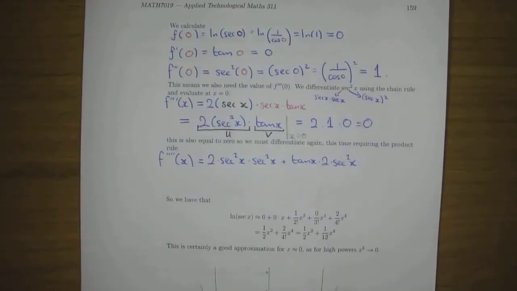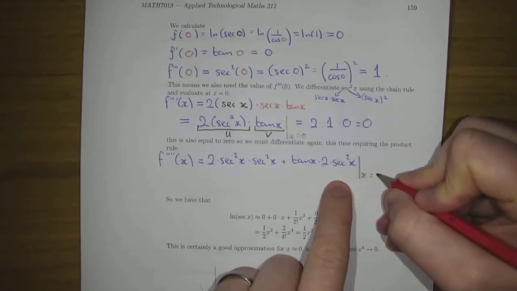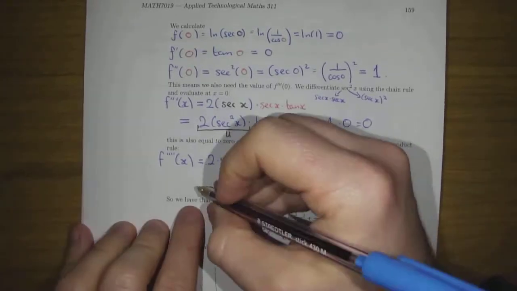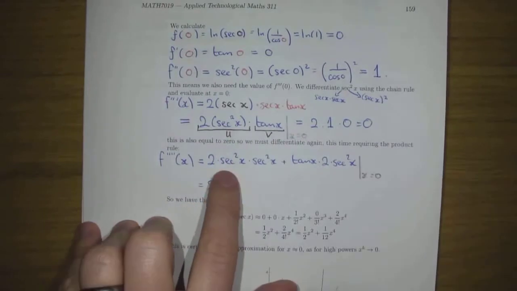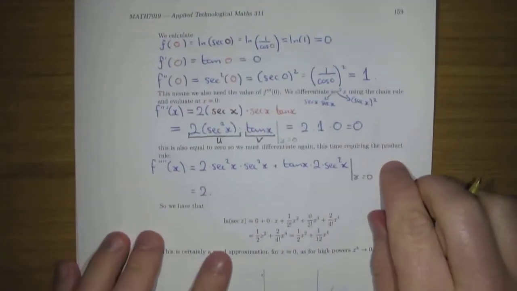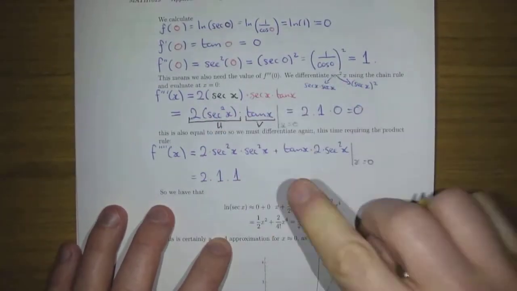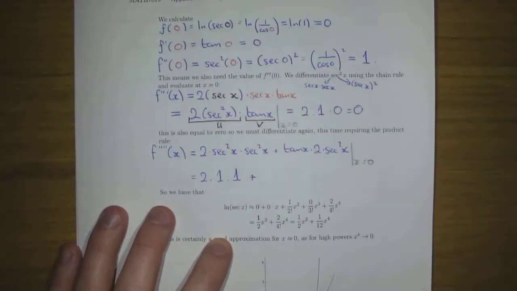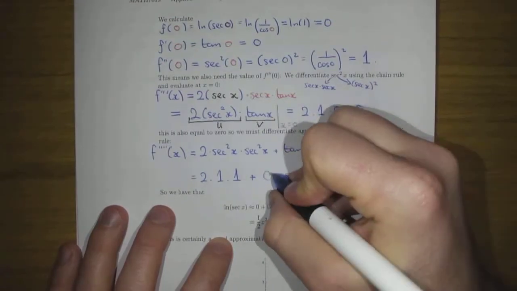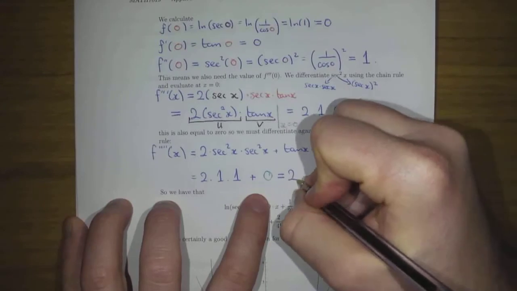So that's the fourth derivative, and I need to evaluate this at x equal to 0. I end up with 2 times sec squared of 0. Sec squared of 0 is 1, so you get 1 times 1, plus tan of 0 is 0. So it doesn't matter what comes after that, because it's 0 times. So it's 2 by 1, which is equal to 2.